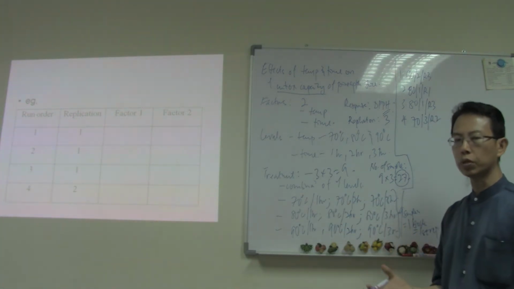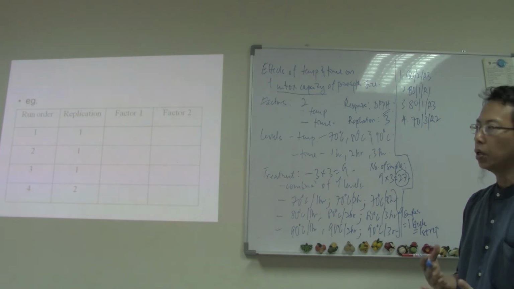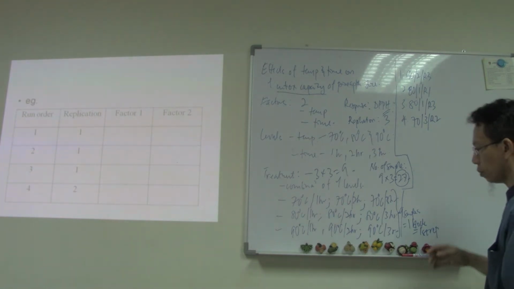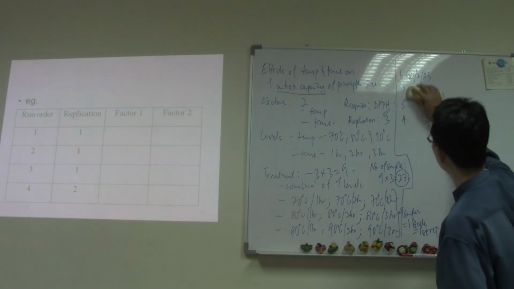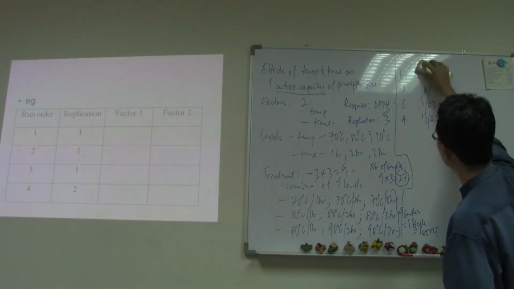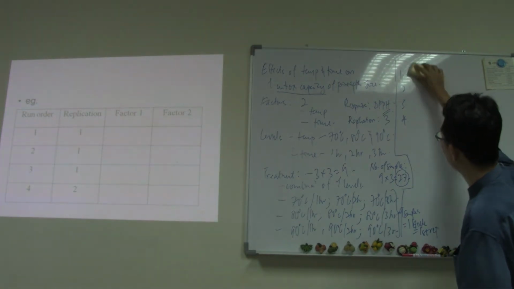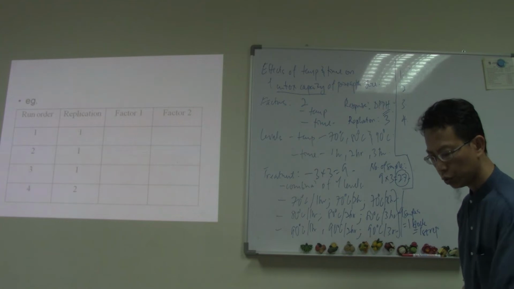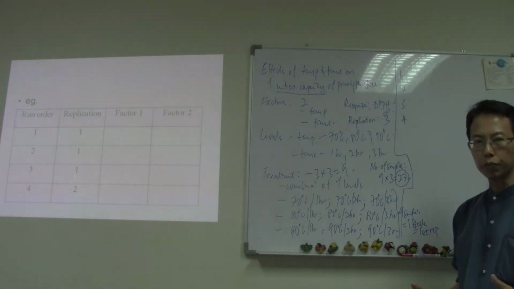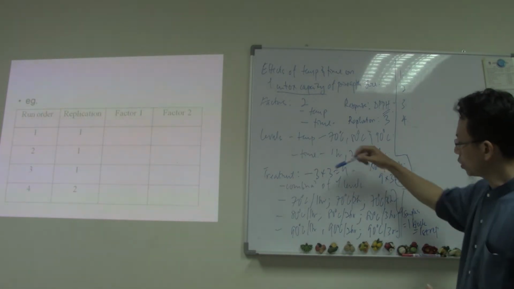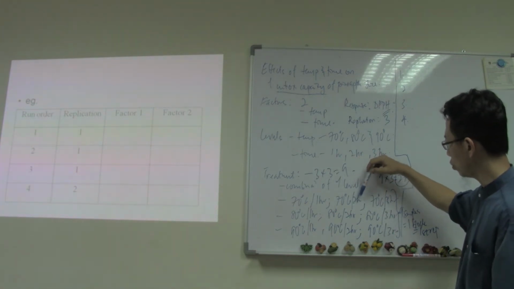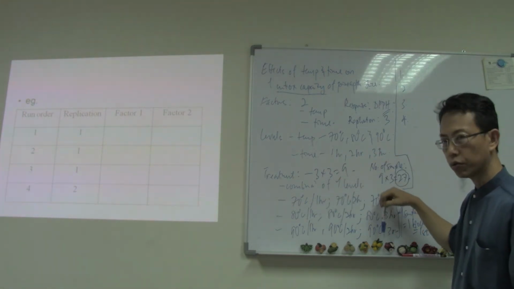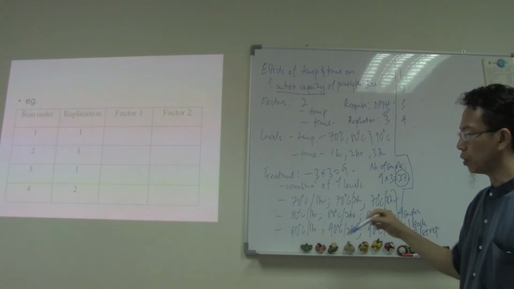Before we go into the lab, we need to establish our run order. How do we establish our run order? For example, we can use the pull straw method. We prepare 9 pieces of paper, and on each piece of paper we write one treatment, until we have 9 pieces of paper.